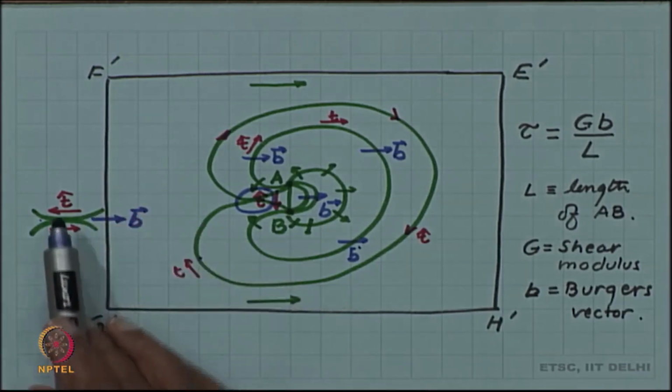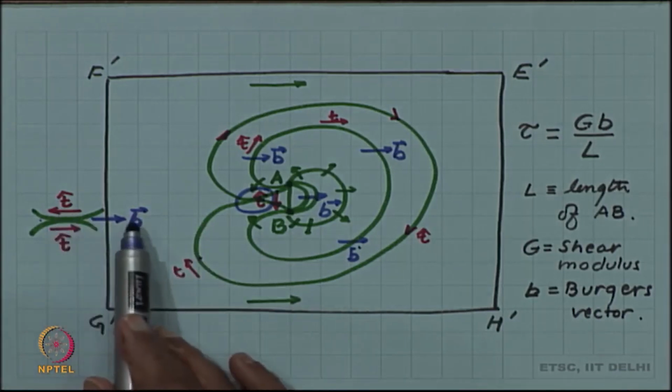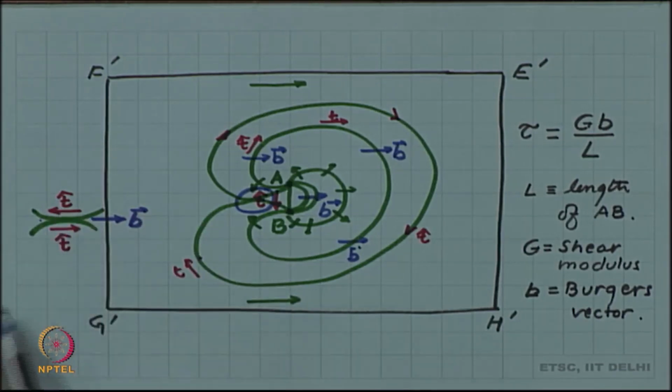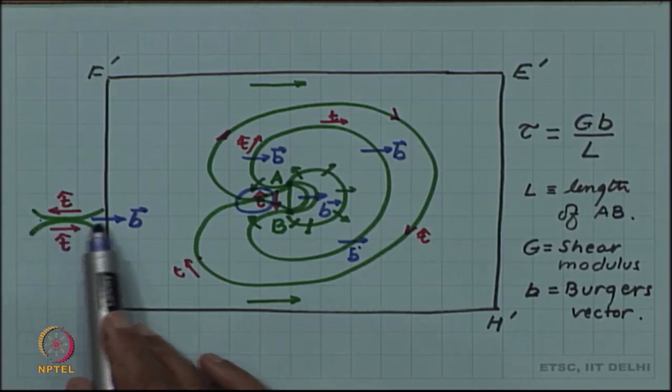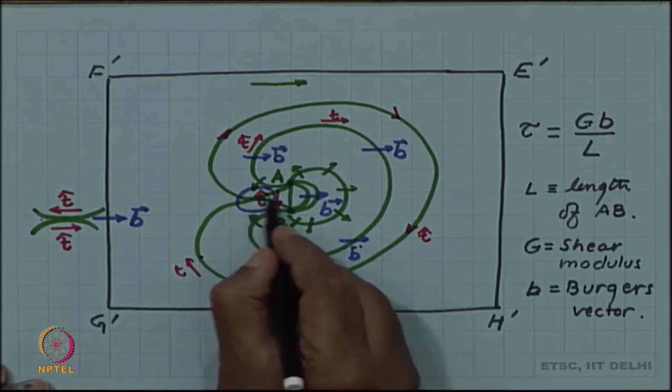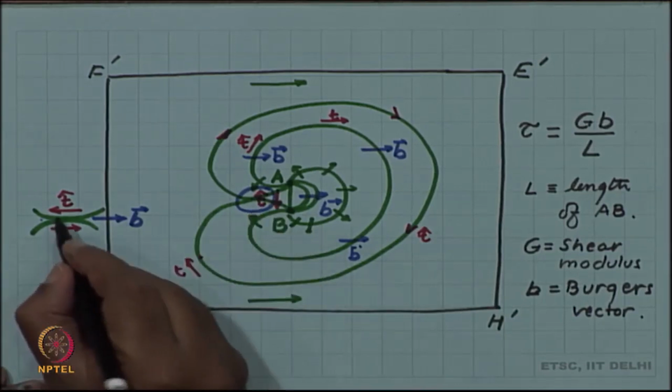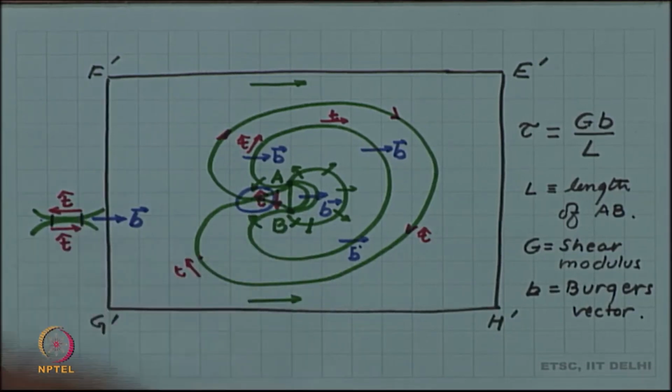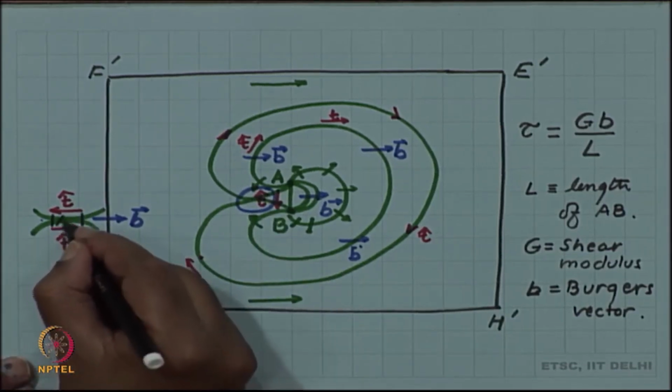So, the upper segment T and b are anti-parallel, whereas in the lower segment T and b are parallel. So, they are screw dislocations, but they are of opposite sign. So, this segment of the dislocation will annihilate.